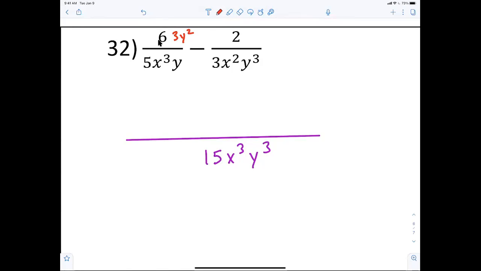And what's on the right? 5x. So then on the left side, it would be 10x, 18y squared. And then on the right side, it'd be negative 10x. Anybody have any issue with that?